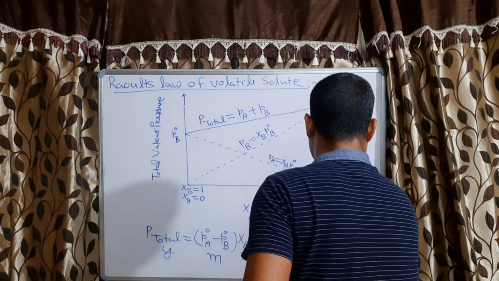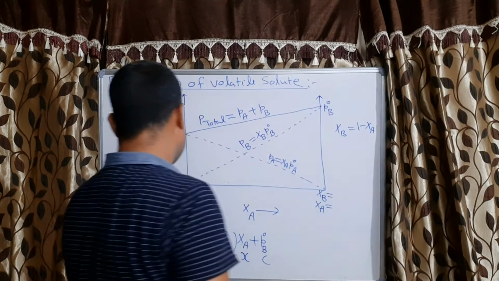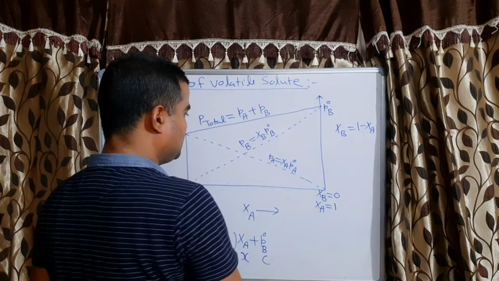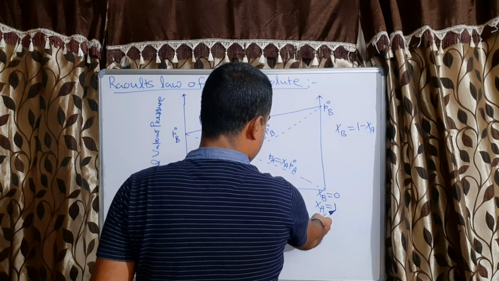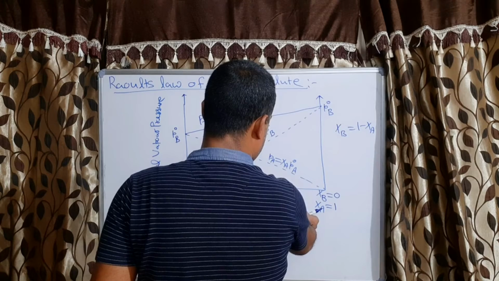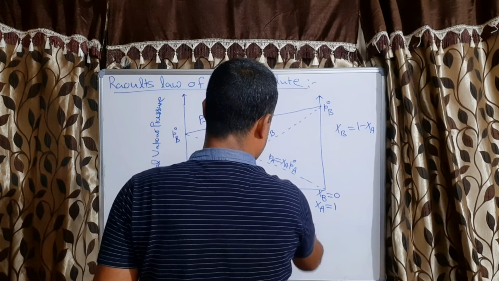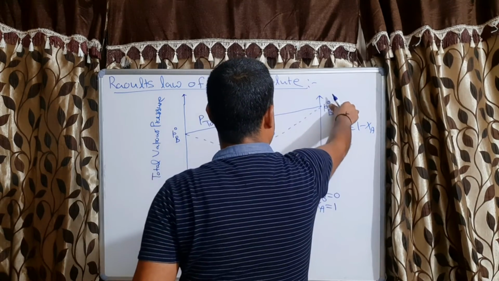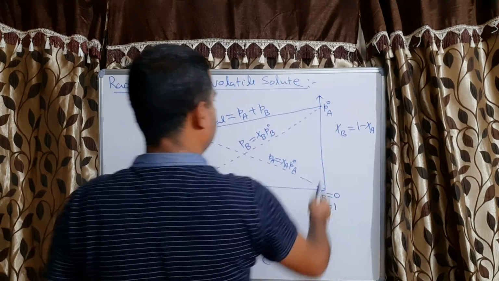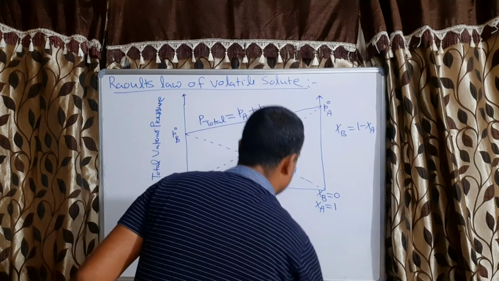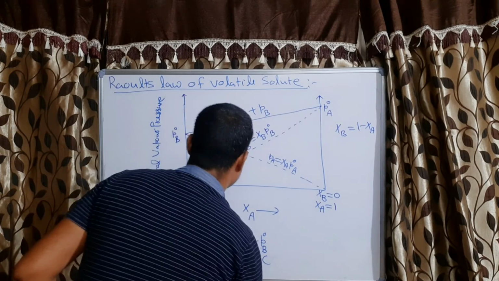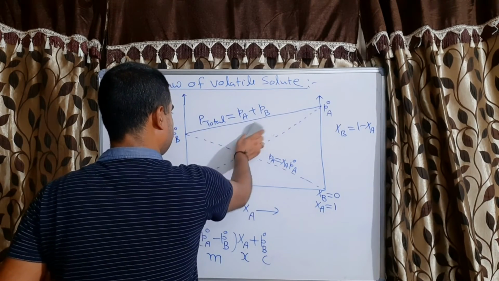Now here, since it is 0, then here it will be maximum, here it will be 0, correct? Now since XA is the maximum, then PA also will be maximum. The vapor pressure of the component A also will be maximum, and the maximum value of PA is P naught A, correct? Here will be P naught A. Understood? Now this will remain as such, but this will change, correct?